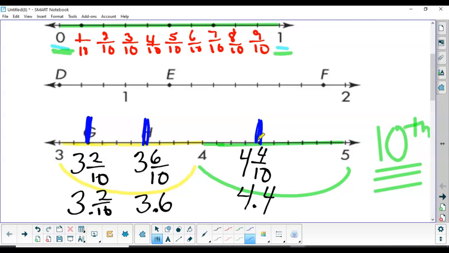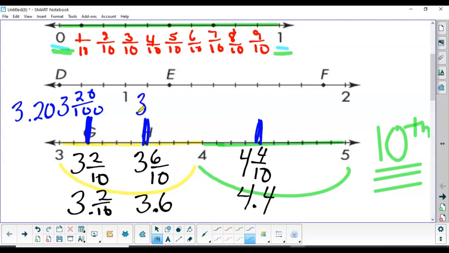Remember, yesterday's lesson, we were comparing tenths and hundredths and saying how they were equivalent. So how many people said 3 and 20 hundredths would be the same? That is correct, 3 and 20 hundredths. What about 3 and 6/10? What would I write for hundredths?